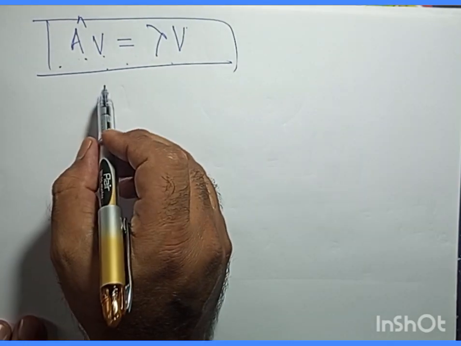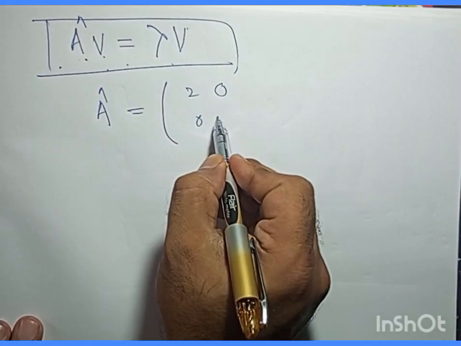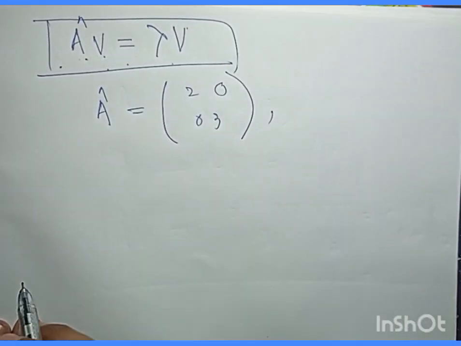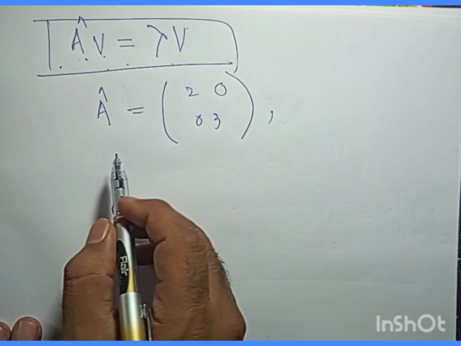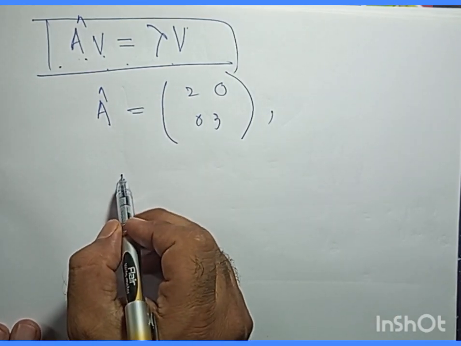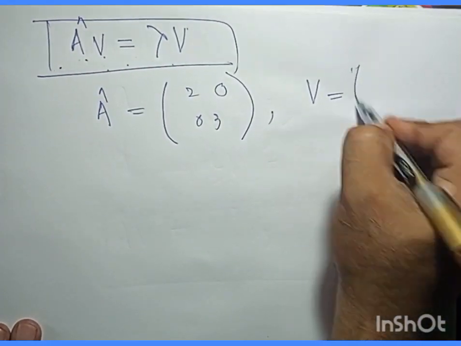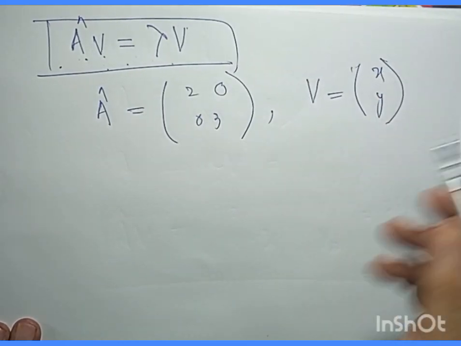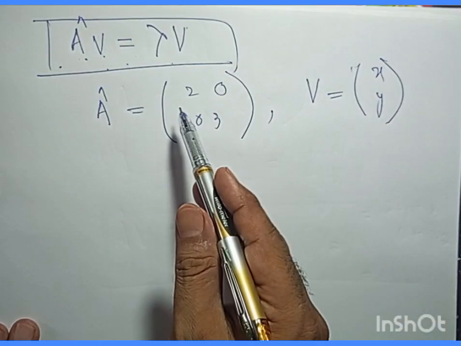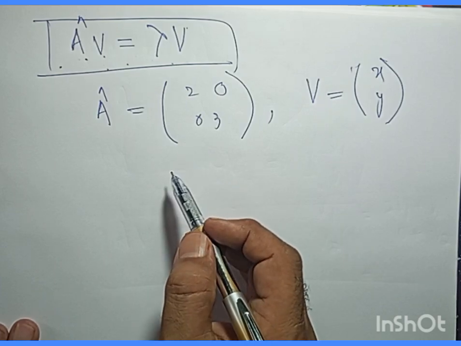So if I take an example here, say I have an operator as 2, 0 and 0, 3. And let's try to calculate the eigenvalues and eigenvectors. If I choose my v as the two state vectors x and y, what we can do is use the eigenvalue equation and calculate the eigenvalues.